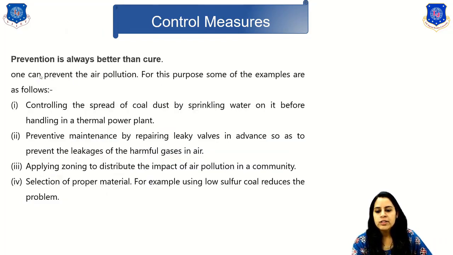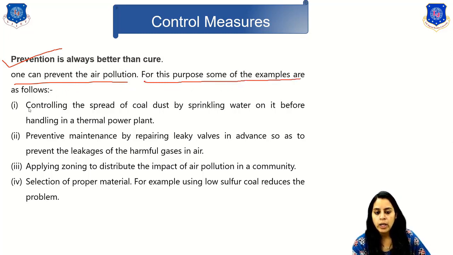Now, the first one, which is prevention is better than cure. We know that, right? So one can prevent air pollution. For this purpose, some examples are given. Okay, so we check the examples. The first one is controlling the spread of coal dust by sprinkling water on it before handling it in the thermal power plant, right? Then preventive maintenance by repairing leaky valves in advance, so as to prevent the leakage of harmful gases into the air, right?